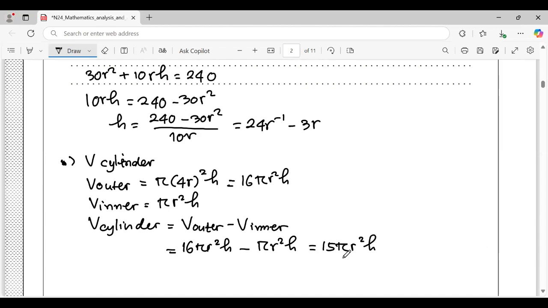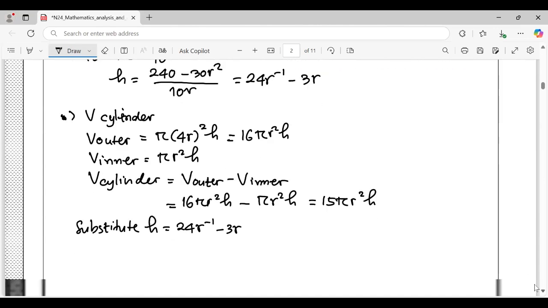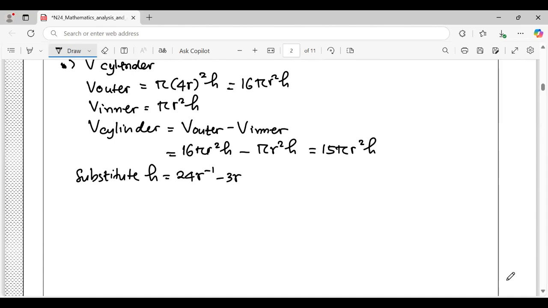Now substitute this value, h equals 24 r to the power minus 1 minus 3r, into the volume of the cylinder.